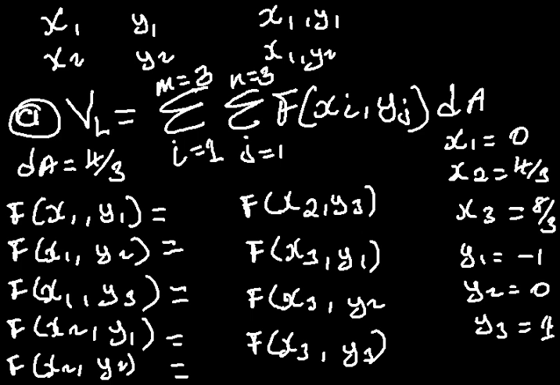So in this case the y values will be changing while the x value remains the same until the y values are finished. Then we change the x value as well. So you could have x2 y1, x2 y2 in that way. So that could be the combination if that was the case.